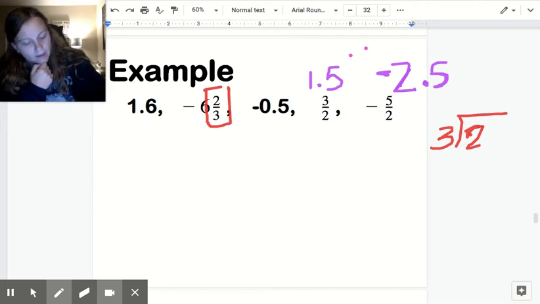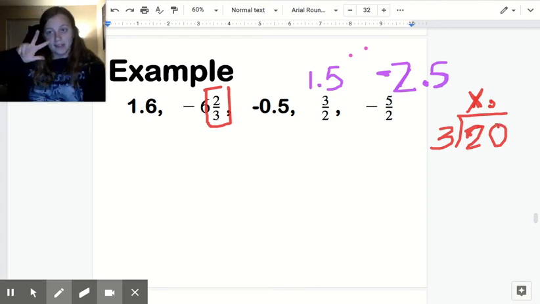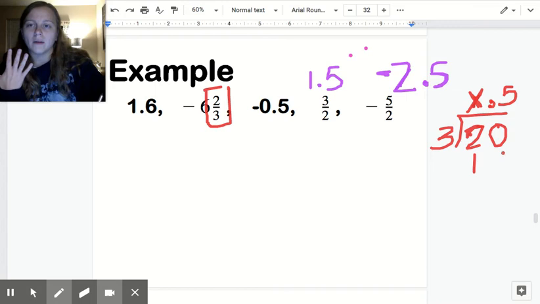Now I know that 3 does not fit into 2, so I add a decimal and a 0. 3 fits into 20, 3, 6, 9, 12, 18, 5 times, which is an 18. No, I'm sorry.